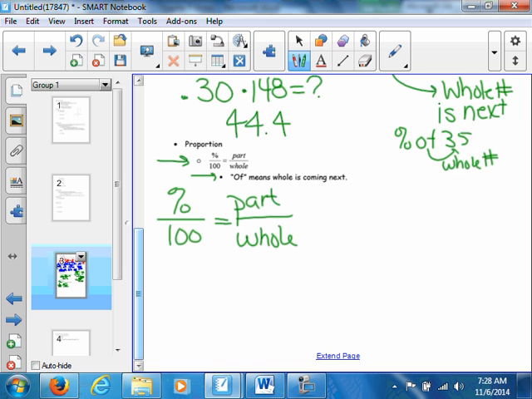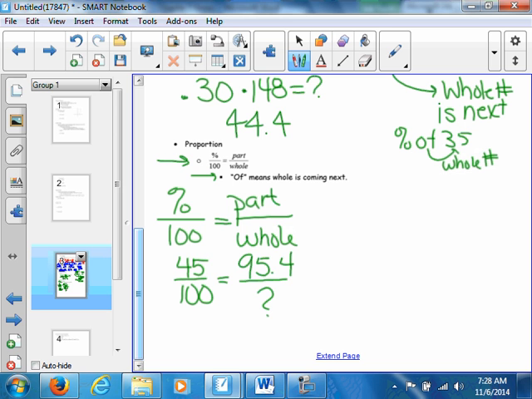Okay, what do I know? I know the percent, so 45 over 100 equals, do I know the part or do I know the whole? It says of what number. So what comes after of? What number? I don't know. So that's my question mark. Is 95 and 4/10.